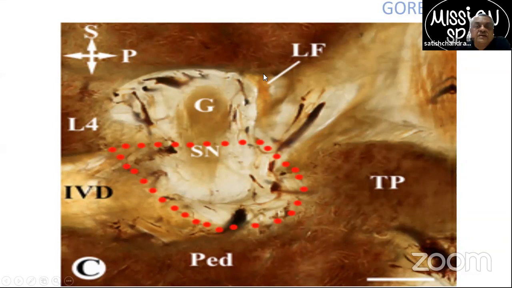The LF is the ligamentum flavum. Now please note this, the ligamentum flavum is also present in the roof of the upper part of the foramen. This is the body of L4, lower is the body and the pedicle of L5. This is the transverse process, the TP, and G is the nerve. And this red outline is the lower part of the foramen where we commonly land when we do our transforaminal endoscopic surgery.